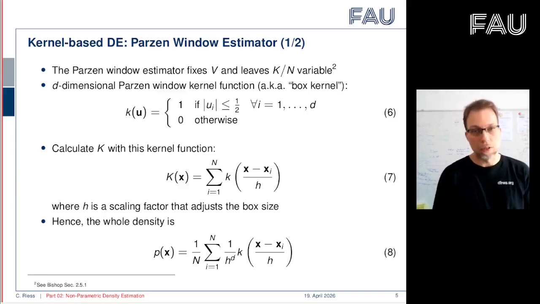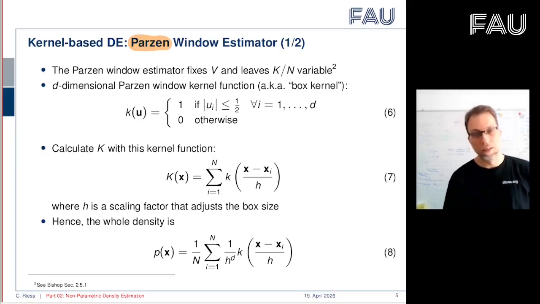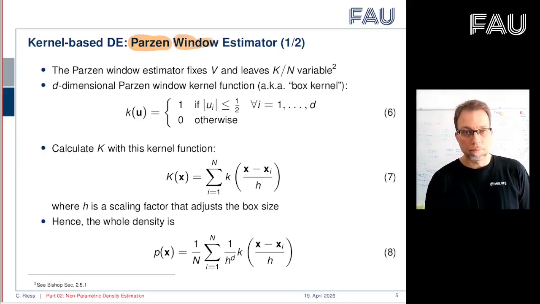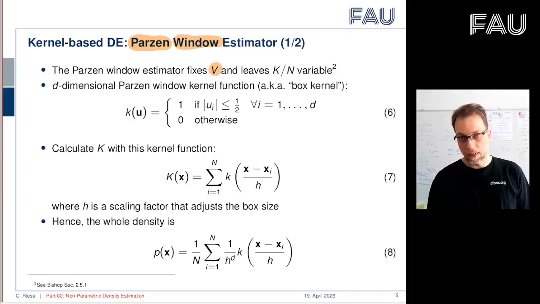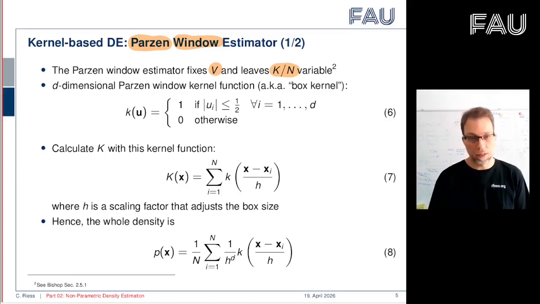This is the so-called Parzen window estimator. The idea for the Parzen window estimator is to fix the volume of the space and to have variable, depending on what we observe, the ratio k, so the number of samples in that region, divided by n, the total number of samples.